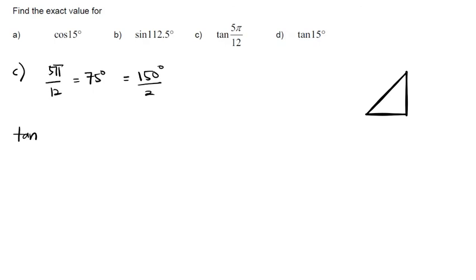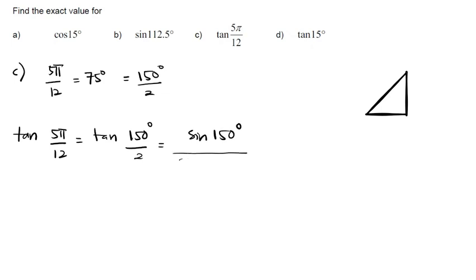So tangent 5 pi over 12 is also equal to tangent 150 degree over 2, where we can substitute in the formula. We will get sine 150 degree divided with 1 plus cos 150 degree. Again, we can find this value of sine and cos.